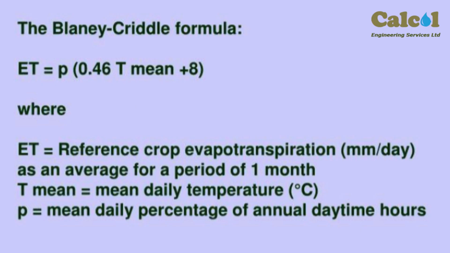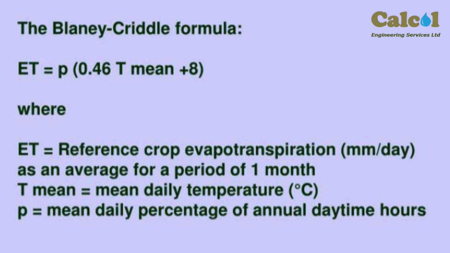In this formula, ETo equals p times (0.46 T mean plus 8), where ETo is the reference crop evapotranspiration in millimeters per day, T mean is the mean daily temperature in degrees centigrade, and p is the mean daily percentage of annual daytime hours. P is determined from the table, which takes latitude into consideration.